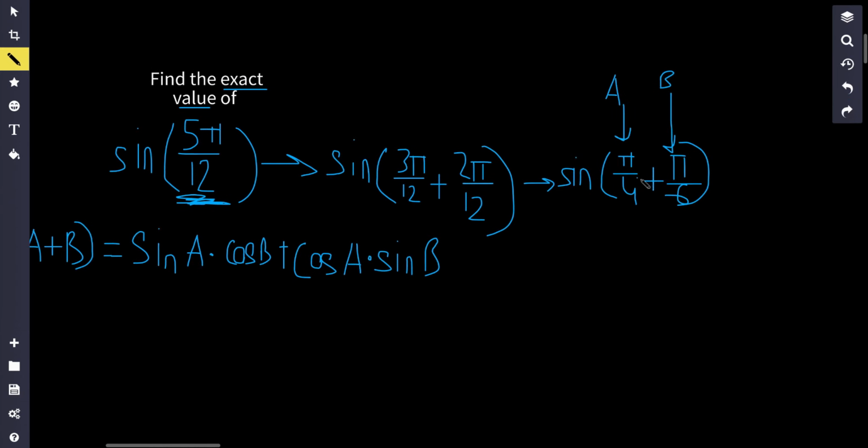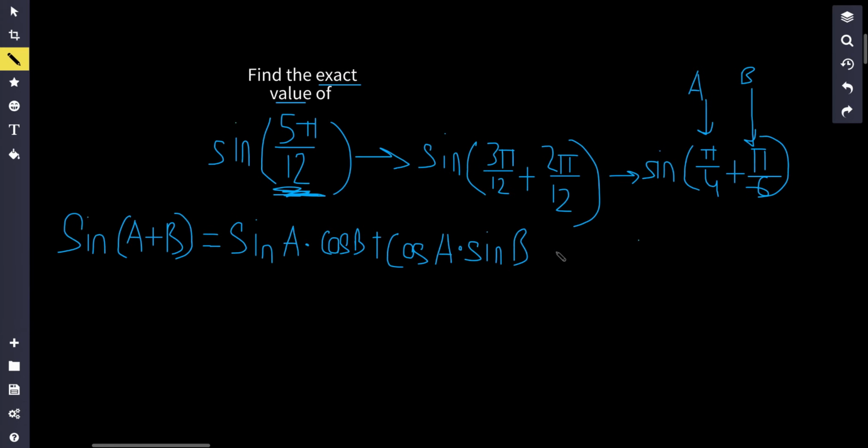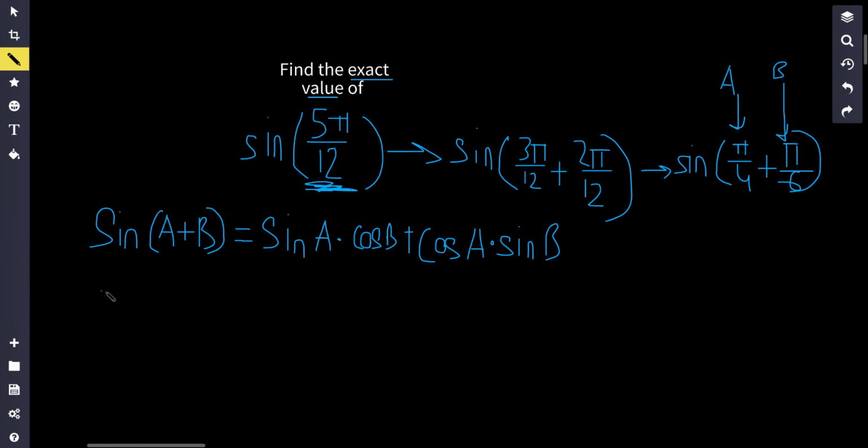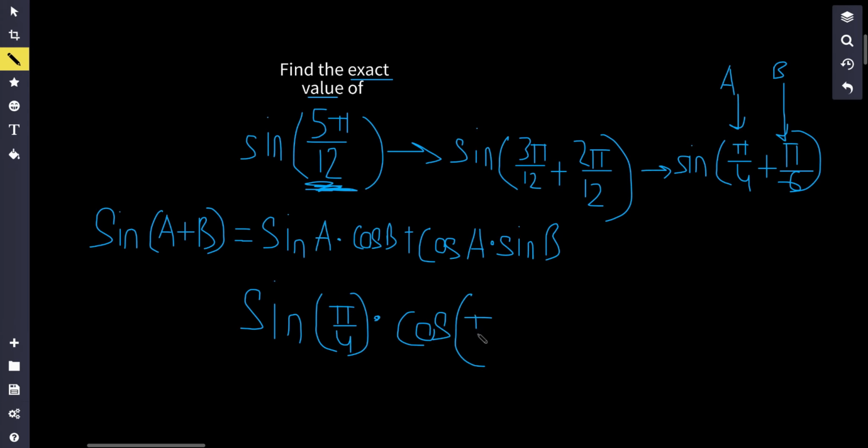So using the formula, sine of A plus B is equal to sine of A, so sine of pi over 4, times cosine of B, so cosine of pi over 6, plus cosine of A, which is cosine of pi over 4, times sine of B, so sine of pi over 6.